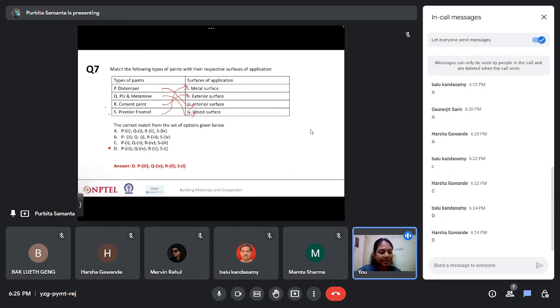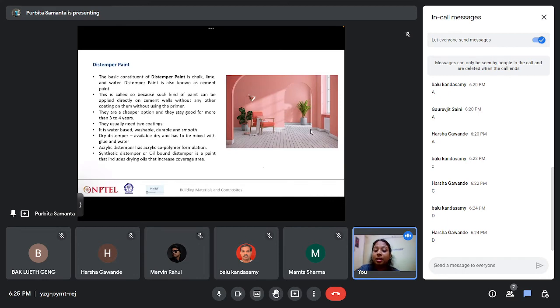So coming to distemper paint, if you look at the basic constituents of this distemper paint, it's basically chalk, lime, and water. And this type of paint is also known as cement paint, because of the presence of lime.